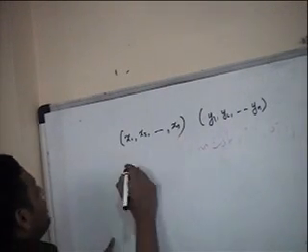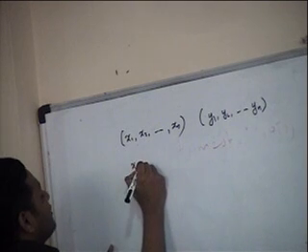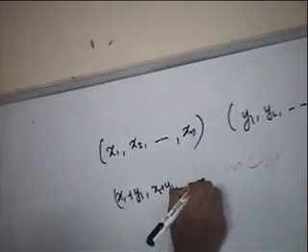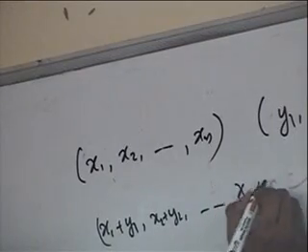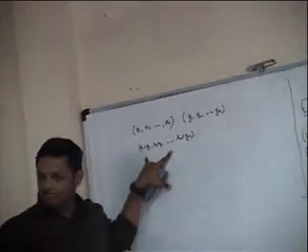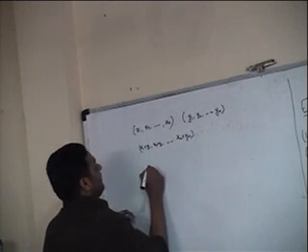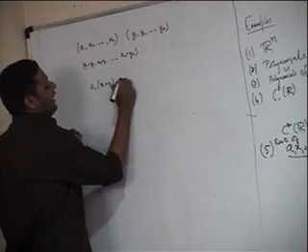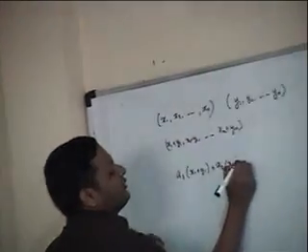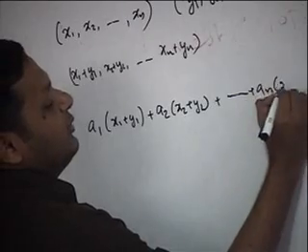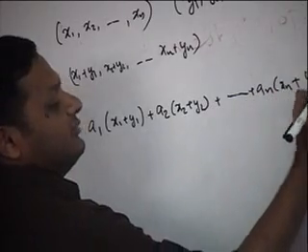What is the sum of these two? The sum of these two is nothing but x1 plus y1 comma x2 plus y2 comma etc. up to xn plus yn. Okay. Now I want to see if this is a root. I just apply this: a1 into x1 plus y1 plus a2 into x2 plus y2 plus etc. up to an into xn plus yn.